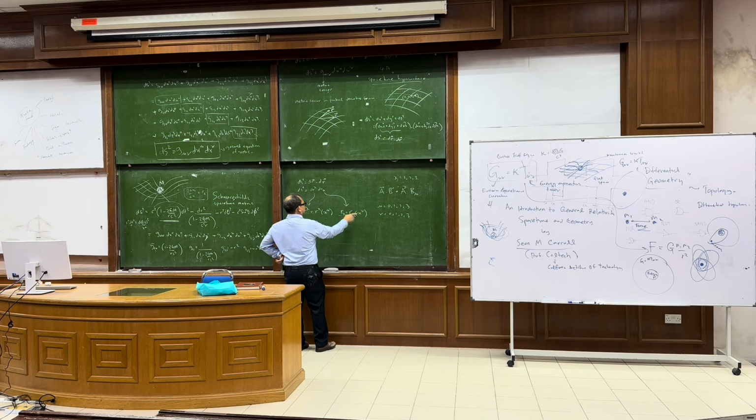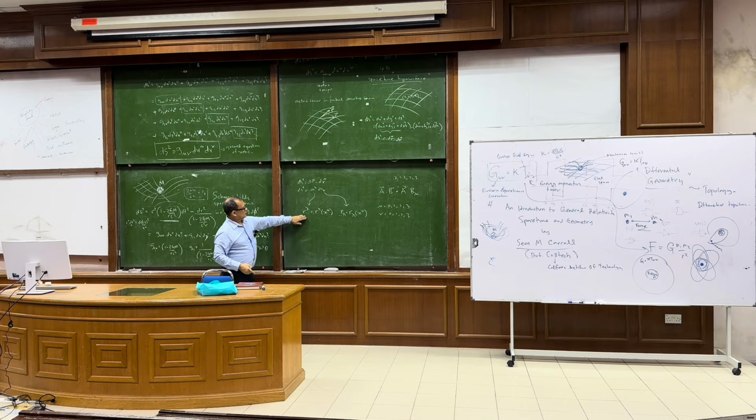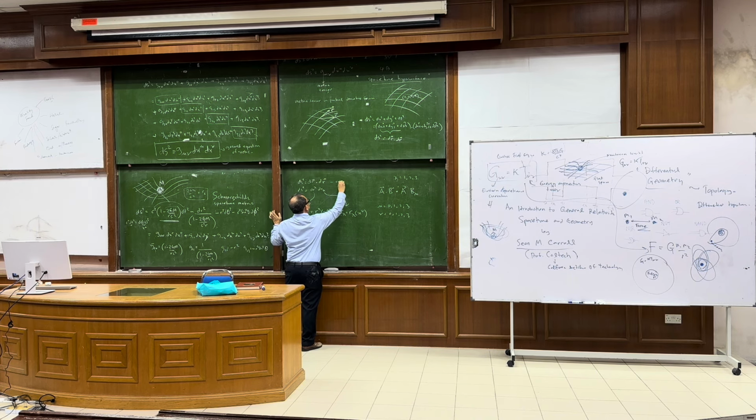But the thing is the same actually. Mu and mu is the same thing, just different contravariant and covariant. And now this is the dot product, this is the vector, this is the tensor.